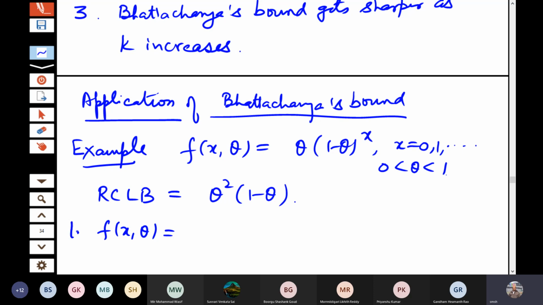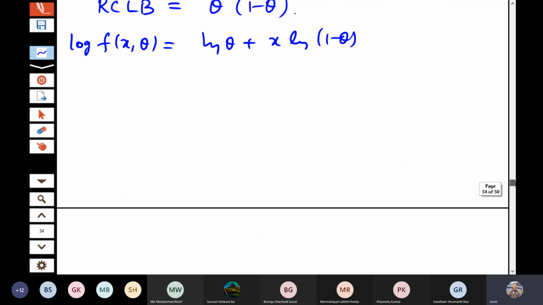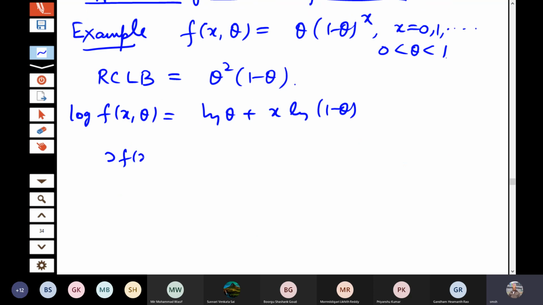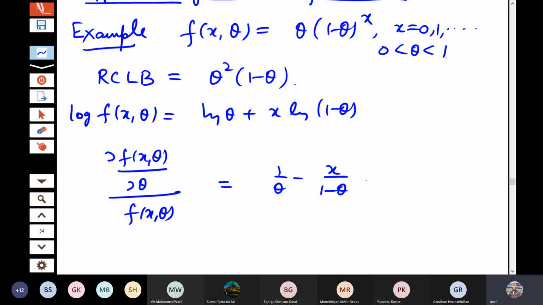If I take log of this, that was log of theta plus x log 1 minus theta. So we had del f(x, theta) by del theta divided by f(x, theta), that is the derivative of this, which was equal to 1 by theta minus x by 1 minus theta.